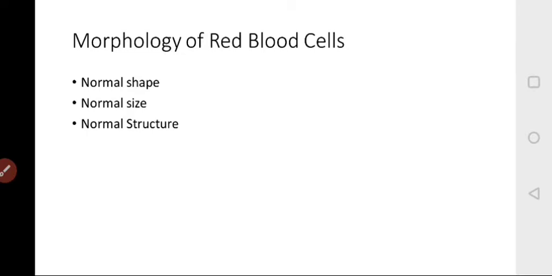Third, minimal tension is offered on the membrane when the volume of the cell alters. Fourth, because of the biconcave shape, while passing through minute capillaries, RBCs squeeze through the capillaries very easily without getting damaged.